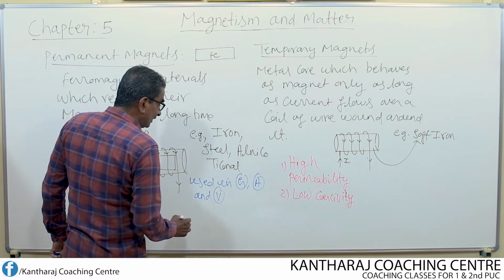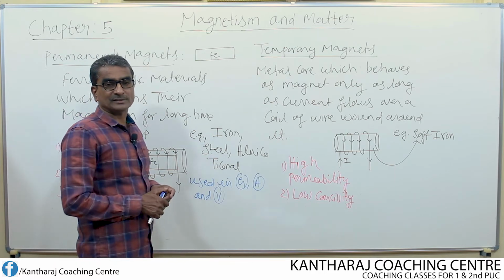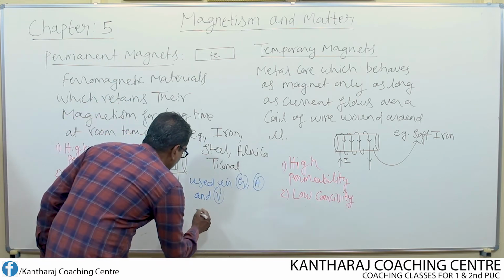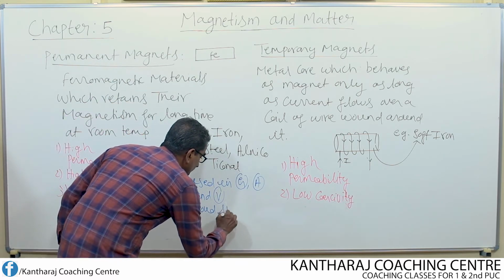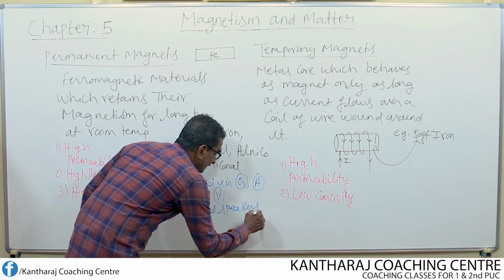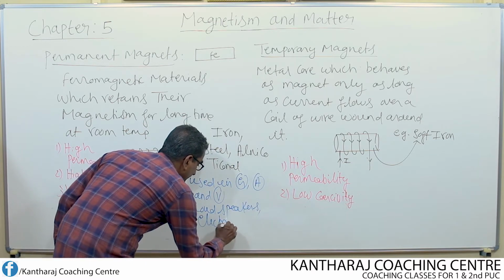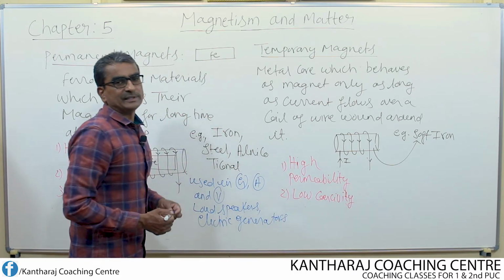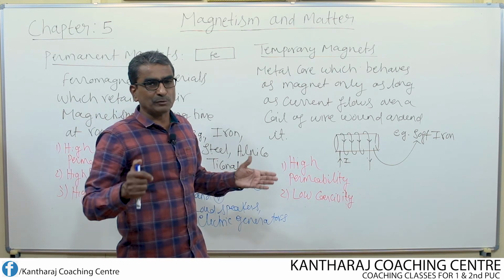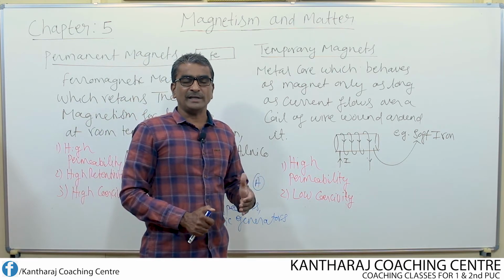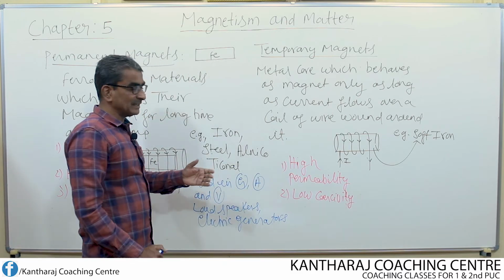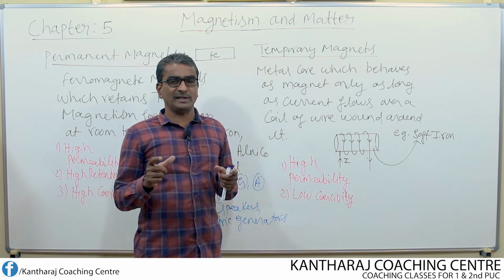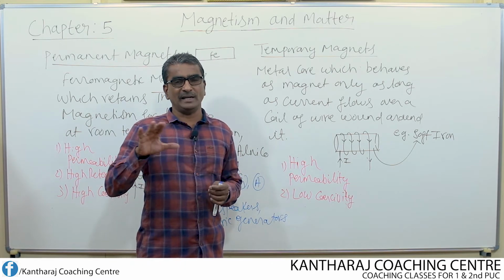Not only that, permanent magnets are also used in loudspeakers and electric generators. In the manufacturing of generators, magnetic poles are required to produce the current, so permanent magnets are required. Similarly, permanent magnets are also required in small sizes, particularly in the laboratory.